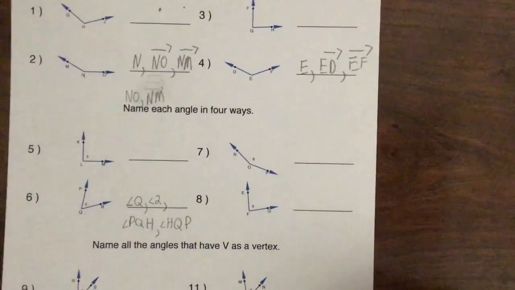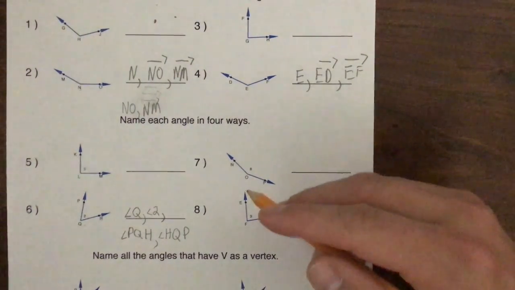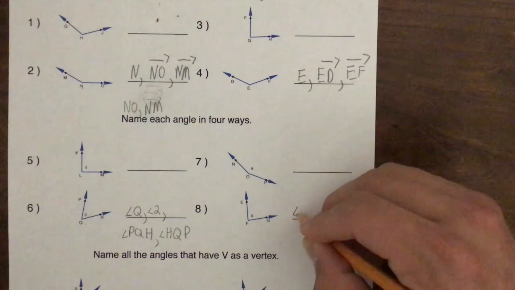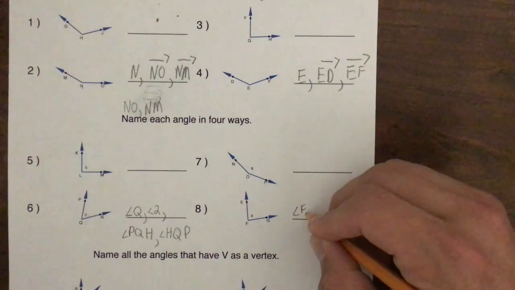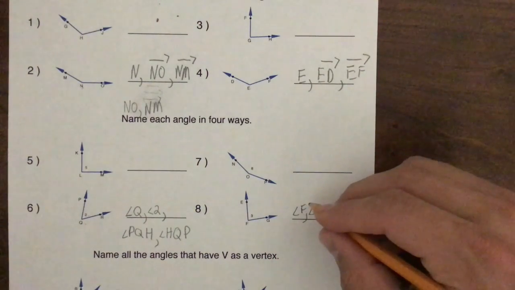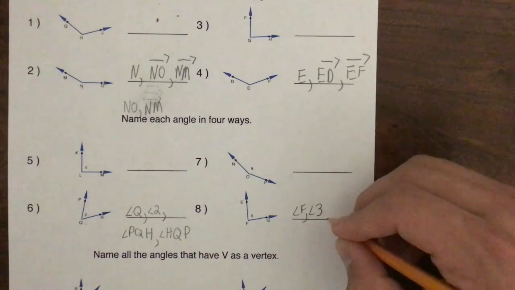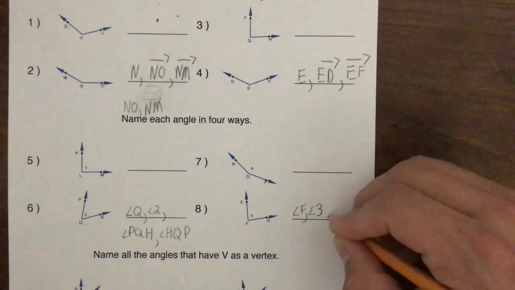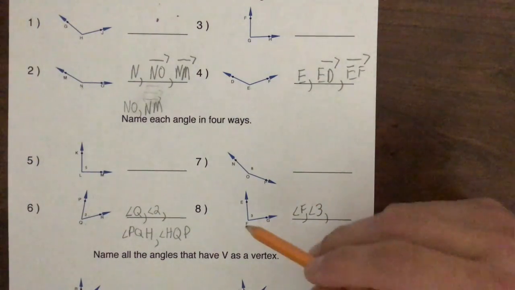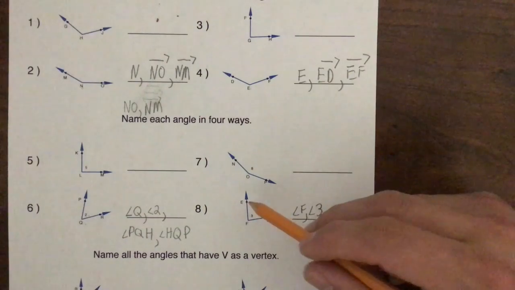Alrighty. Now 8. We can do our vertex first, F, and then we can also do the number it's labeled with, which is a 3. Little numbers, kind of hard for Mr. Alt to see through this iPad. Now we can use the points. Remember, we never start with the vertex. We always start with an outer point.